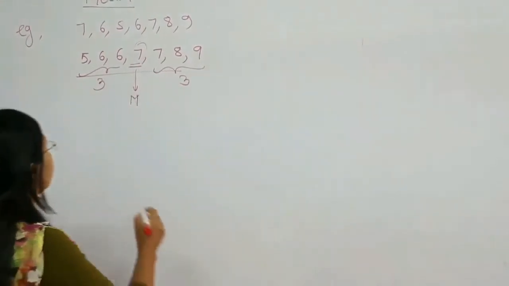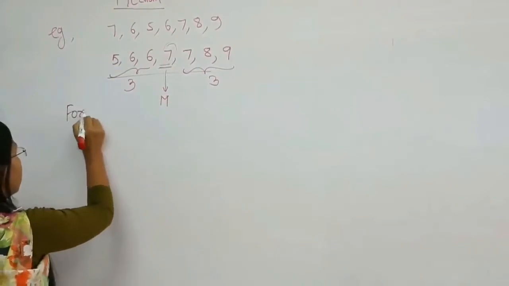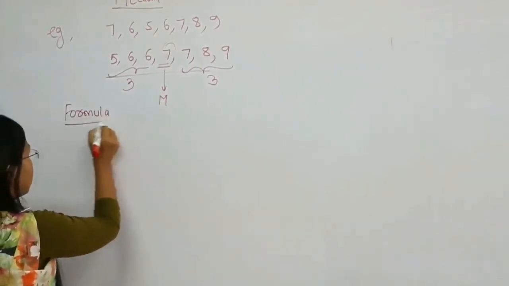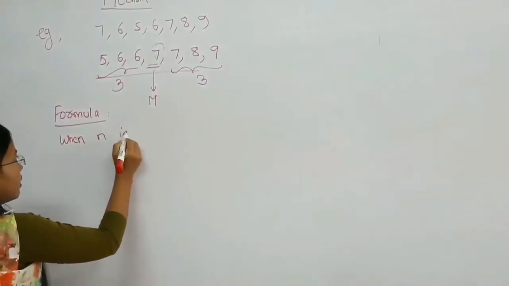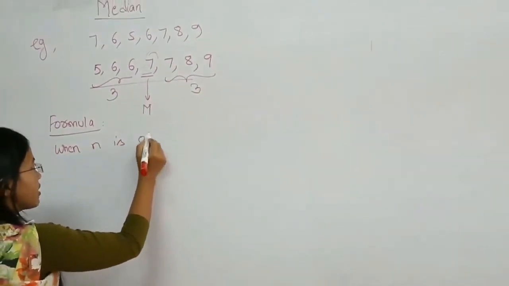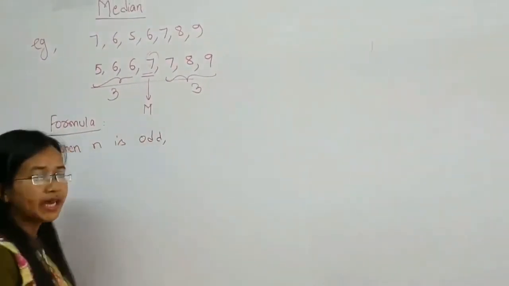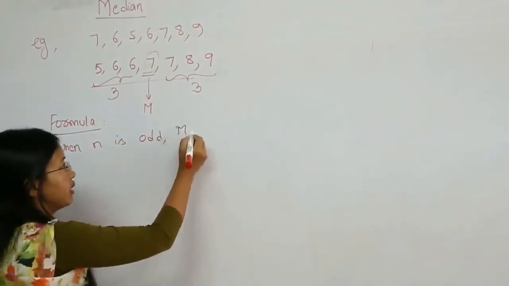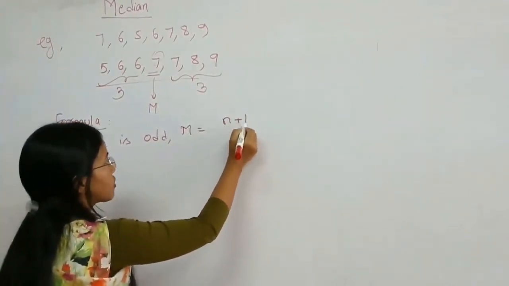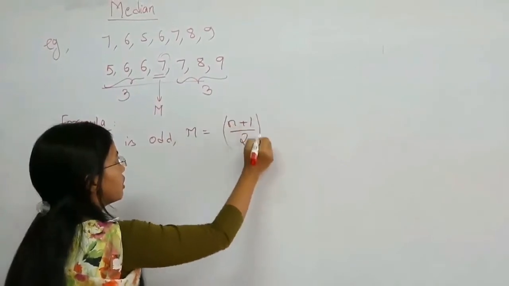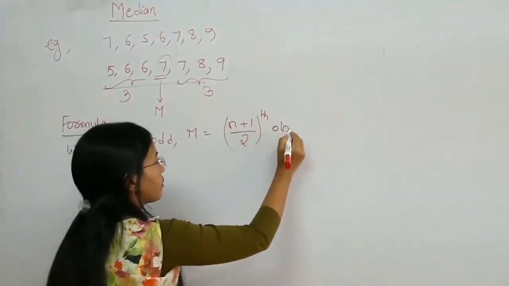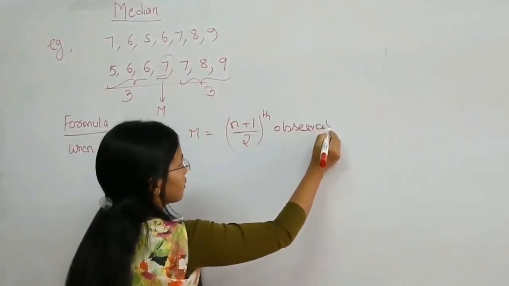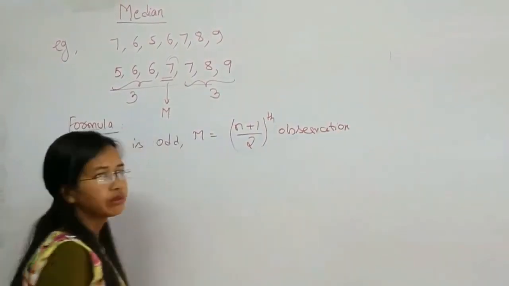So the formula will be: when n is odd, when the total number of data is odd, our median will be equal to the (n plus 1) by 2 th observation.